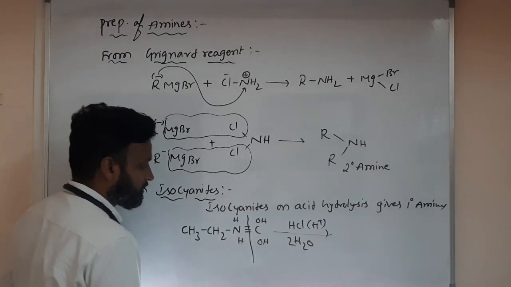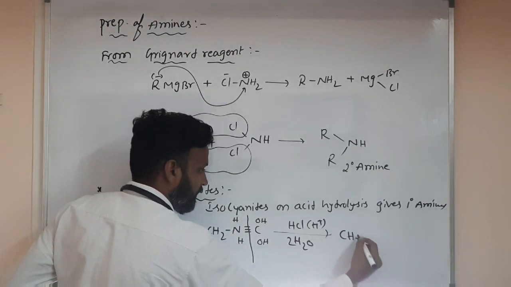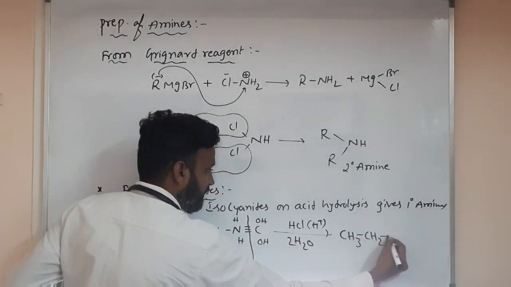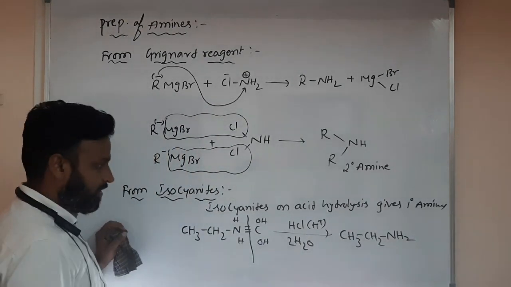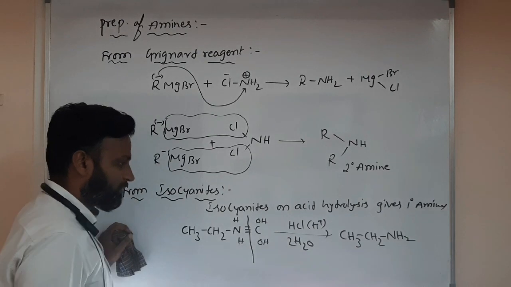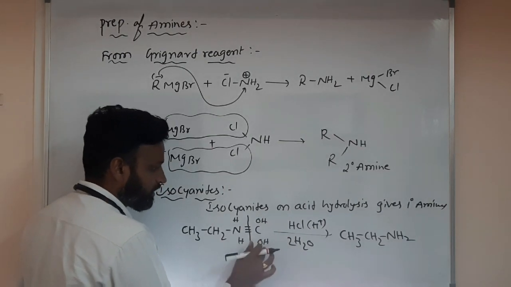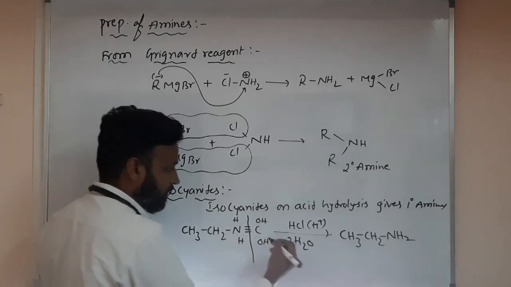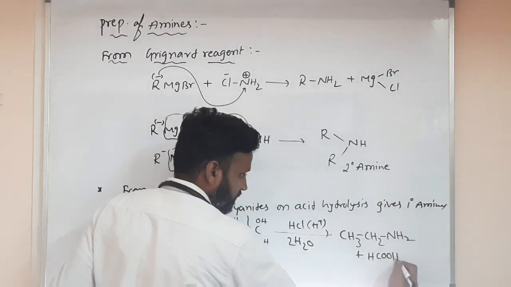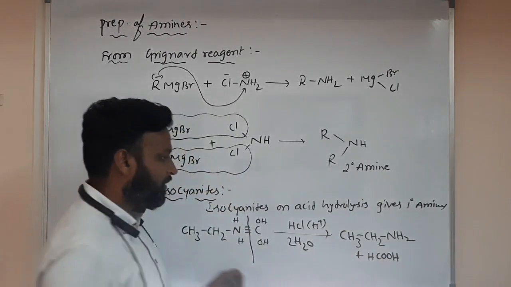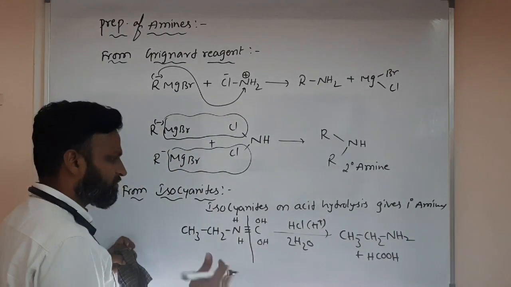What happens here? You have CH3CH2NH2, the amine. This carbon is removed completely in the form of HCOOH, which further turns into CO2 and H2O, but forget about that.